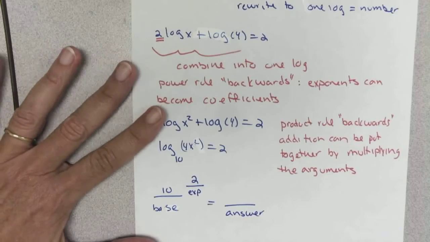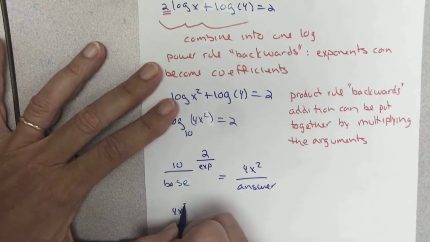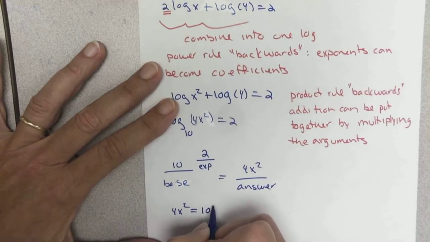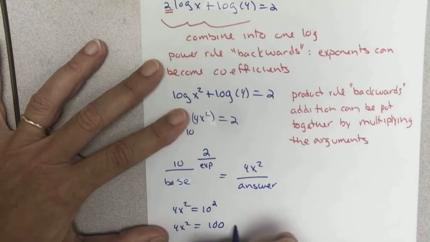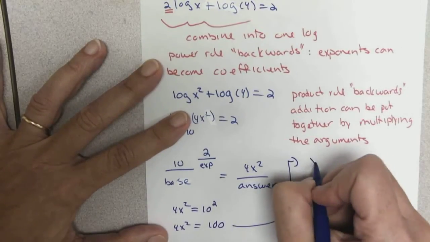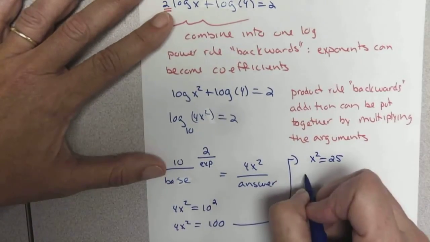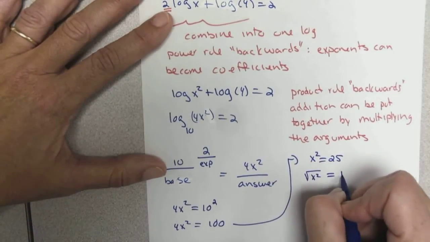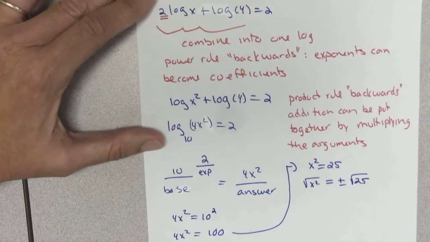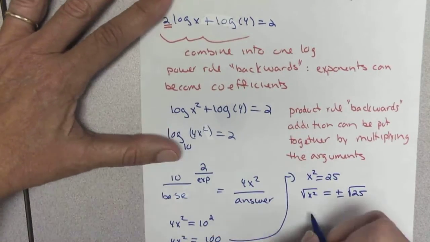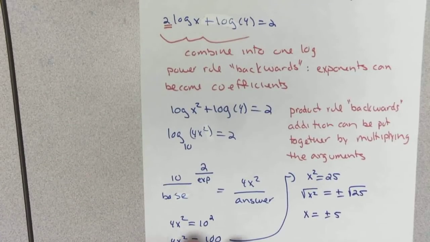So 10 squared has to equal 4x squared, or that's 4x squared equals 10 squared. 4x squared equals 100. X squared equals 25. Take the square root of both sides. Should include my plus or minus. And I get x equals plus or minus 5.